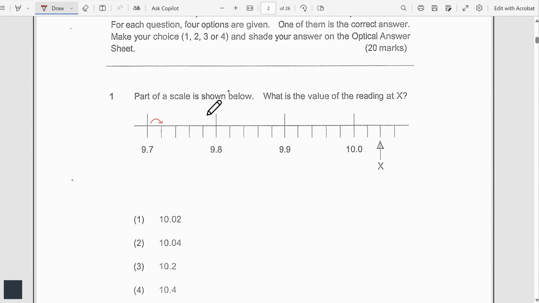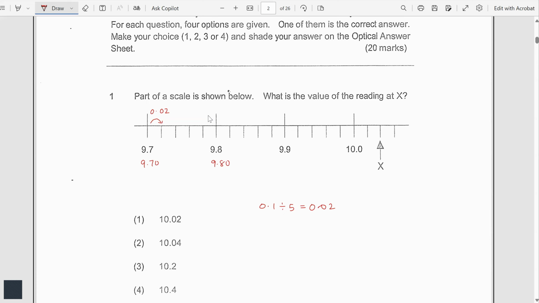So when you take 0.1, you divide it by 5. You actually get 0.02. So this is actually an increase of 0.02. Alternatively, you can look at it as 9.70, then this is 9.80.